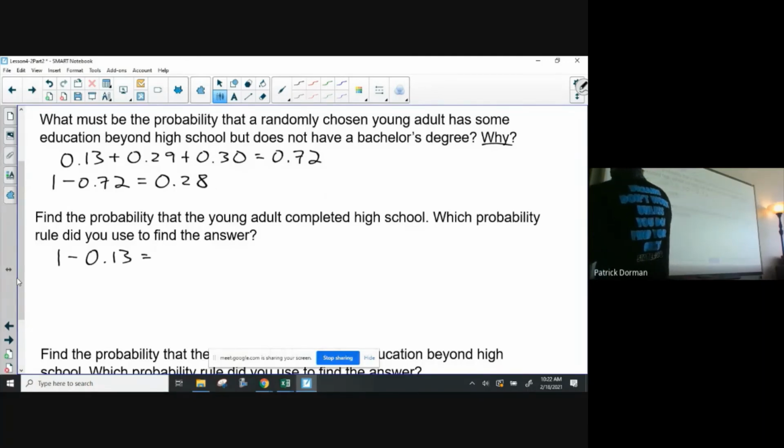It's a little more work, and a little easier to use the idea that this is everyone else. 1 minus the people that did not complete high school is going to be all the people that did complete high school. So we will calculate this, and there we go. Which rule did I use? I used the complement rule.